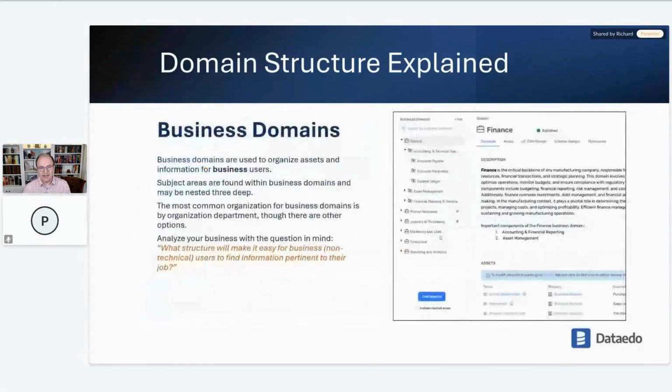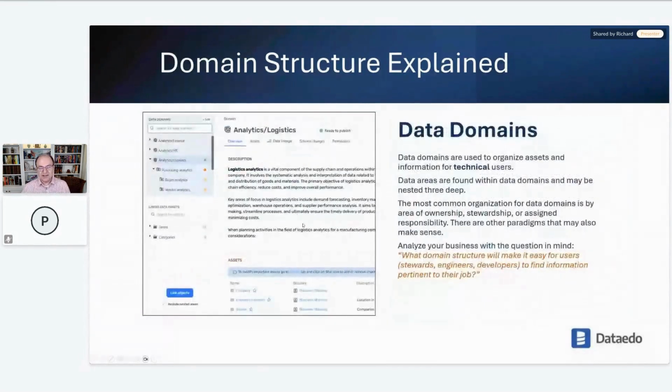with business domains, typically we start at the top level and we gradually subdivide to the lower levels. I mentioned the department, then the teams, and then the business processes. In data domains and data areas, it makes sense to start at the bottom and group them as you work your way up.